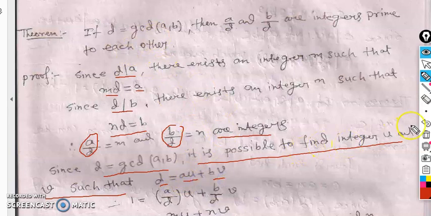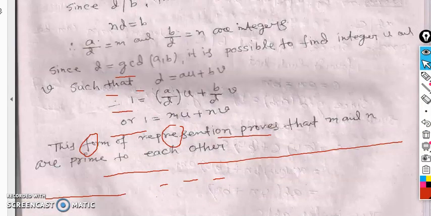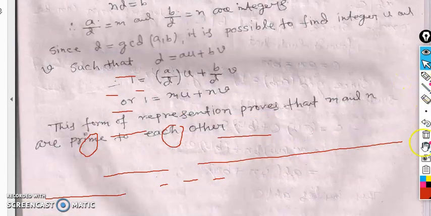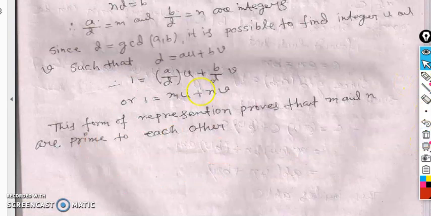If we divide both sides by D, the remaining portion becomes A by D into U plus B by D into V, and the left hand side becomes 1.